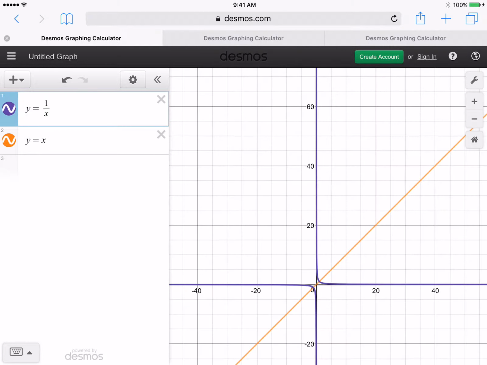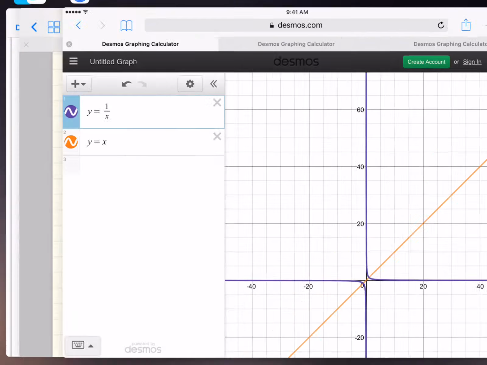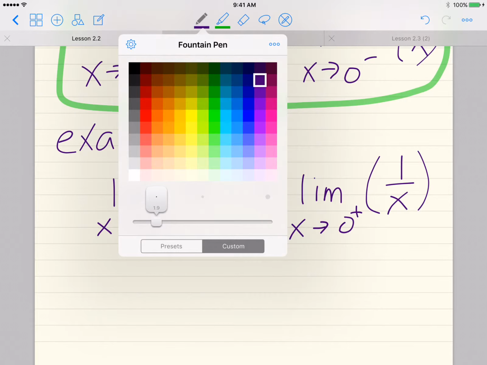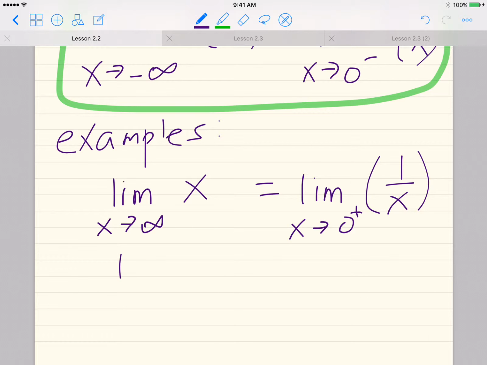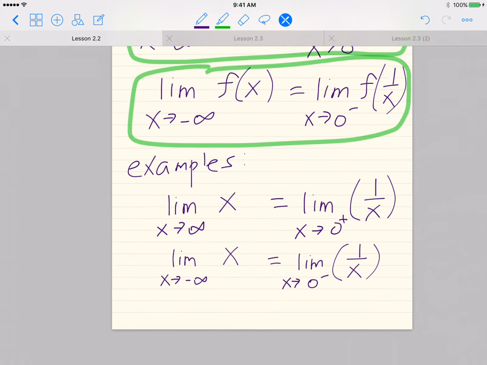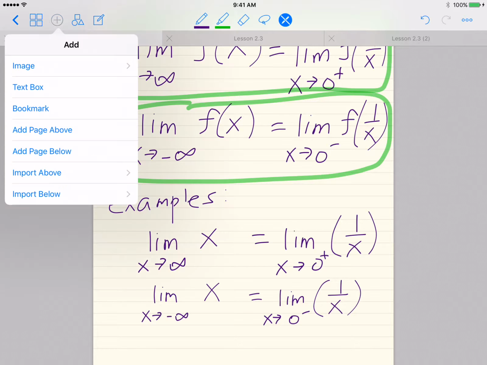So you can see that in the end, in either expression, your limit will be positive infinity in either case. And then you could say the same thing for the limit of x as x approaches negative infinity, as you would with the limit of 1 over x as x approaches 0 from the left side. Okay, let's take a look at another pair of examples just like this.